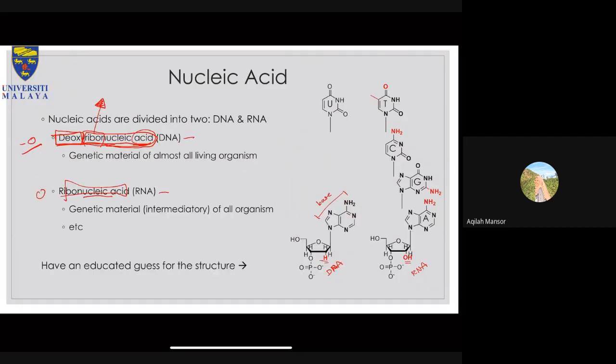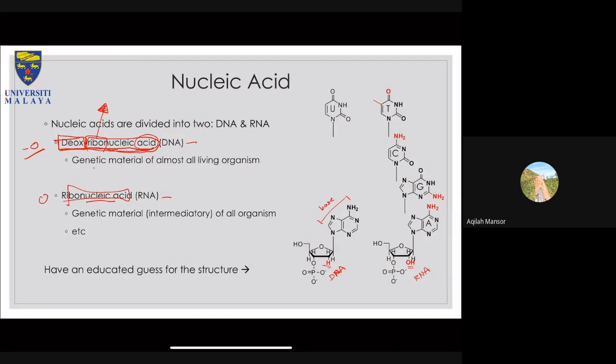Okay, of course, function-wise and so on can differ, but we're focusing on the chemical structure differences between DNA and RNA, and this is the main difference. And of course, DNA functions to carry genetic material in almost all living organisms.